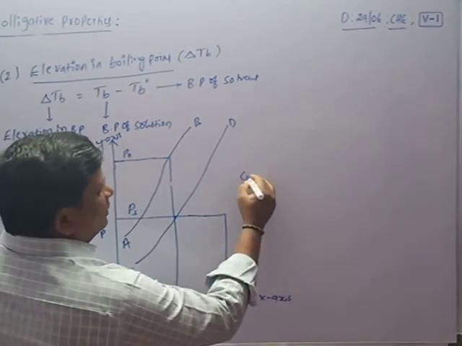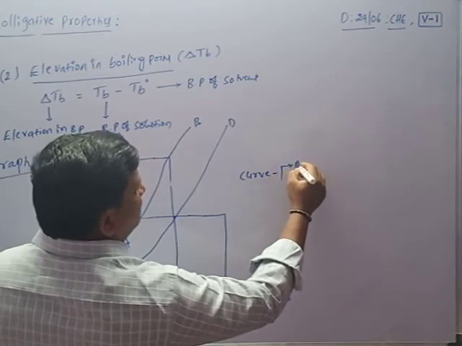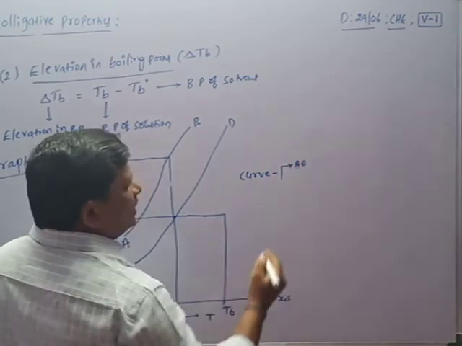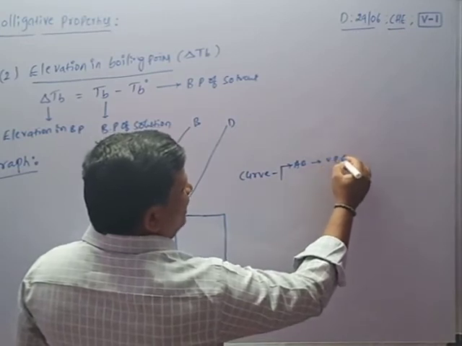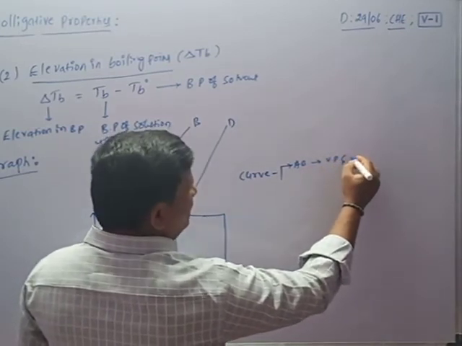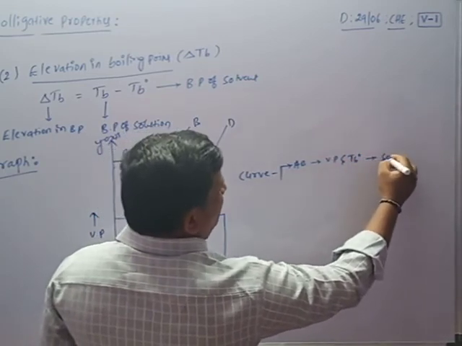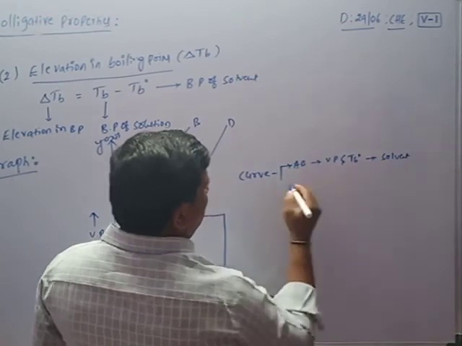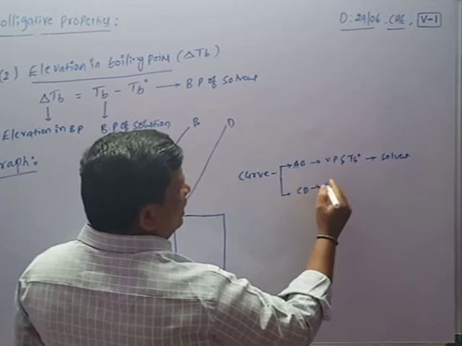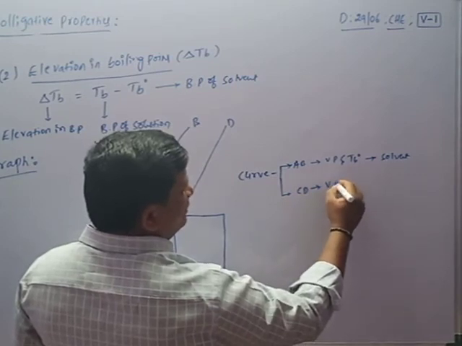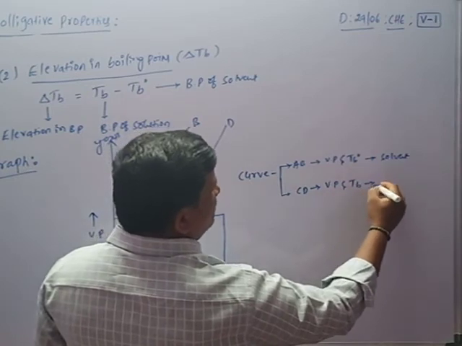But the curve CD gives the information about the vapor pressure and the boiling point of the solution.